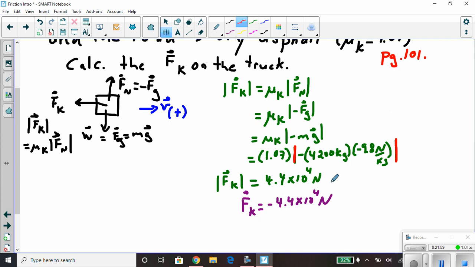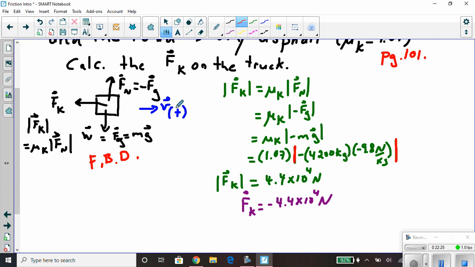But I didn't ask you to calculate the magnitude of the force of kinetic friction. I asked you to calculate the force of kinetic friction. So I need a direction. How are we going to get that? Well, as I said in the previous part of this video, we get the direction from the free body diagram. Let's look at the free body diagram. We're going to assume that the truck was moving this way to the right as it was skidding to a stop.